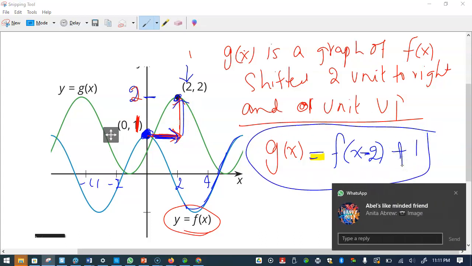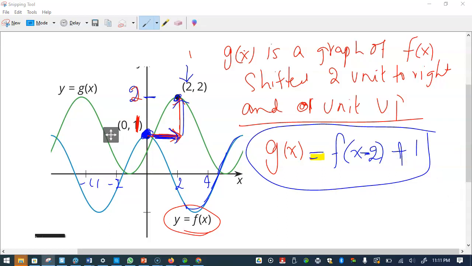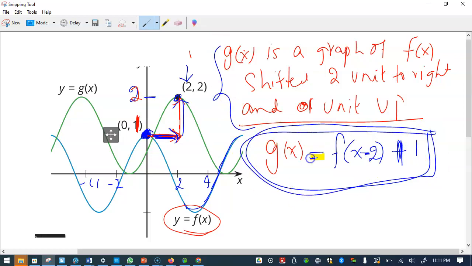So you're supposed to write this one, not just understanding. Everybody understands this, but can you write this? That's the beautiful, intelligent way of understanding the whole idea of the transformation. So this means shifted 2 places to the right, and this plus 1 indicates that it shifted 1 unit up. Hope that helps.